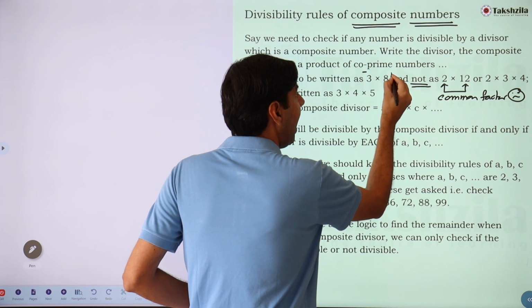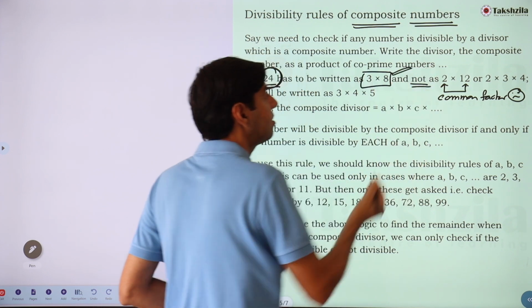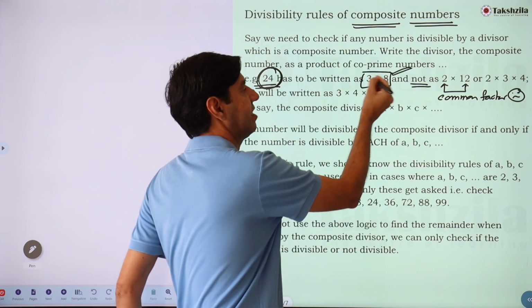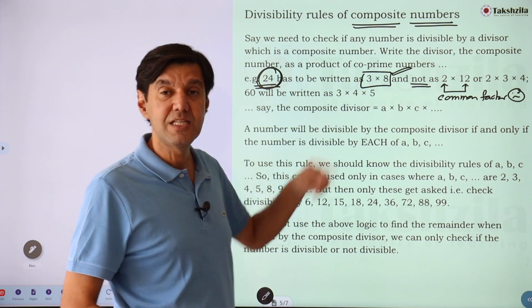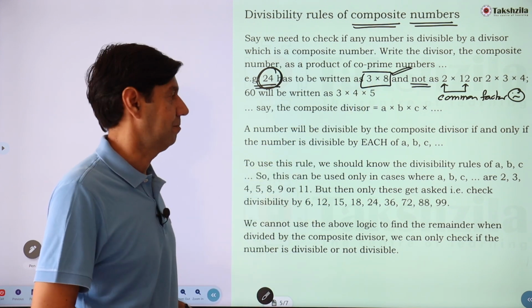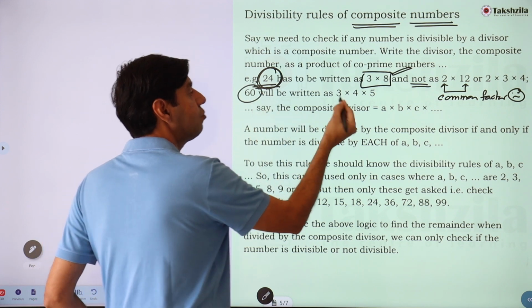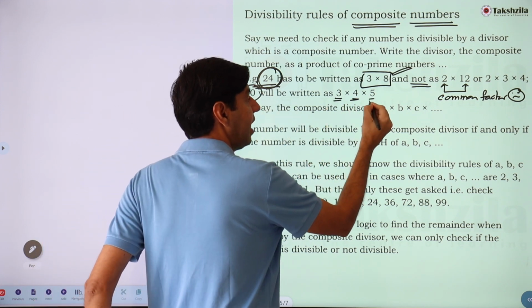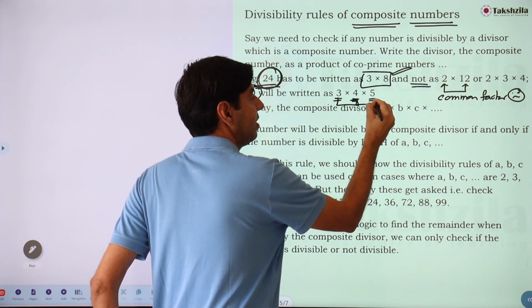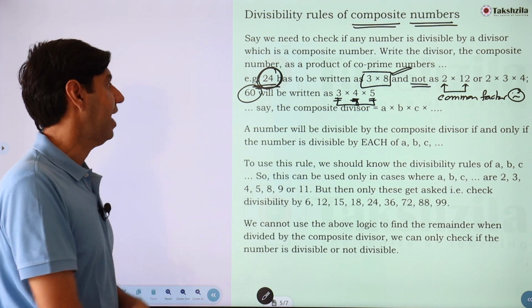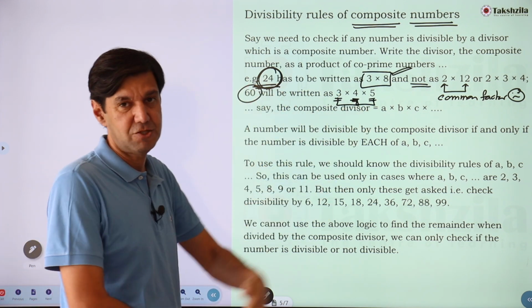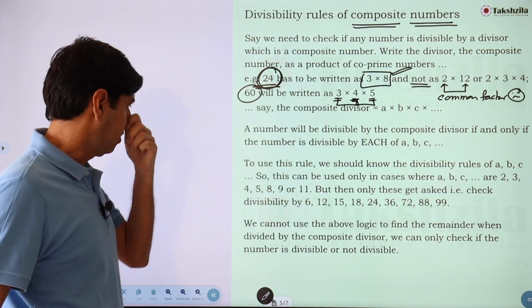You split it as two numbers which do not have a common factor and for which you know the rules already. You can even split a large number into three numbers, but then there should be no common factor between the three numbers. And then check the divisibility by each of them.